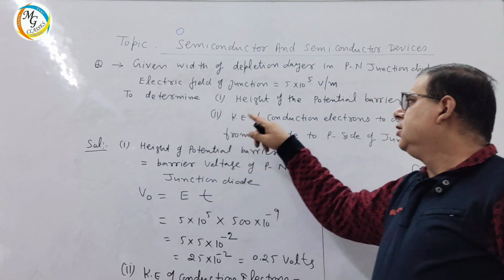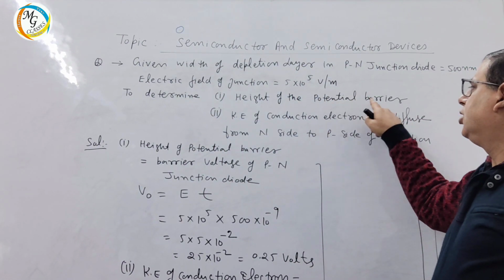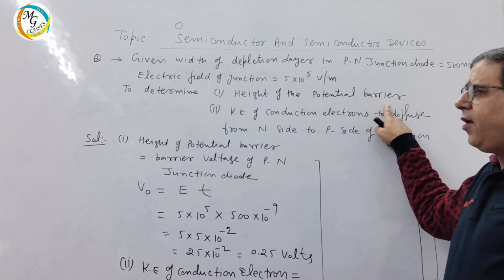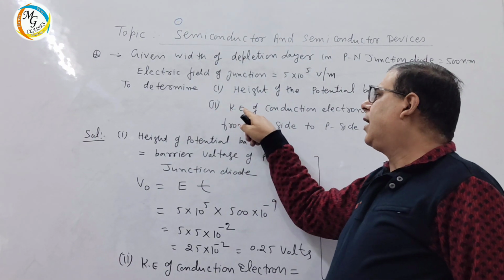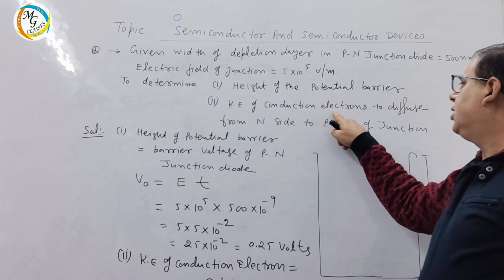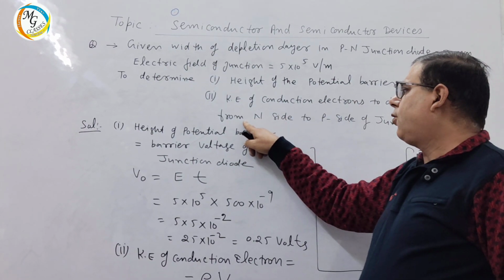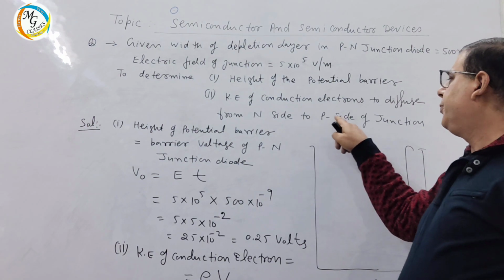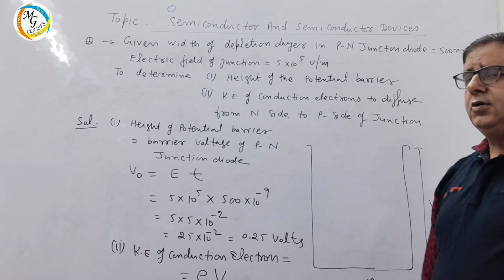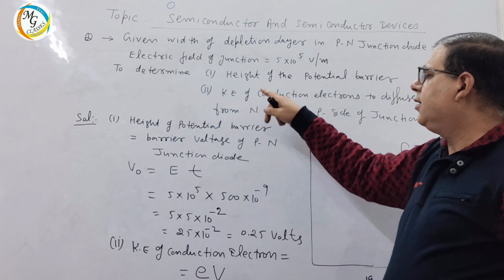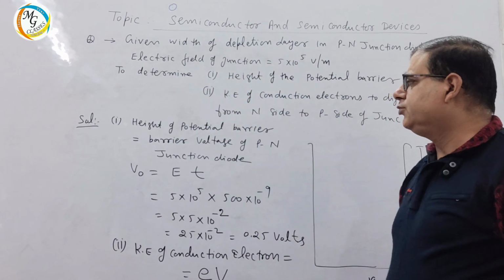Number one, the height of the potential barrier. Number two, the kinetic energy of conduction electrons required to diffuse the conduction electron from the N side to the P side of the junction. So let us try to solve this problem by taking one part at a time.